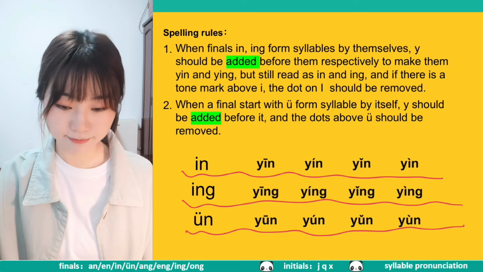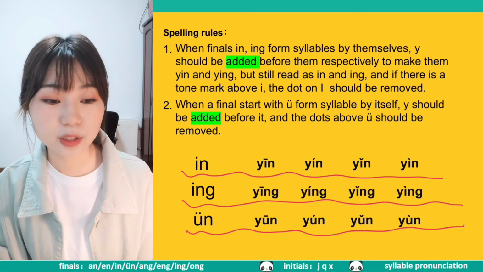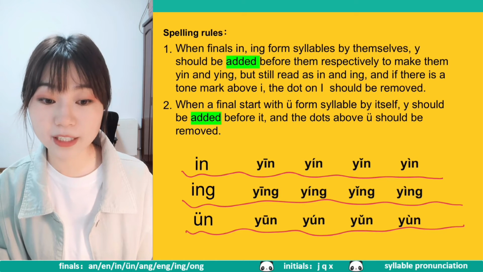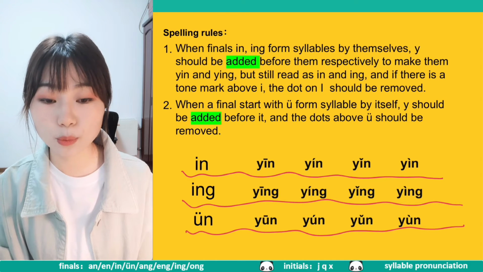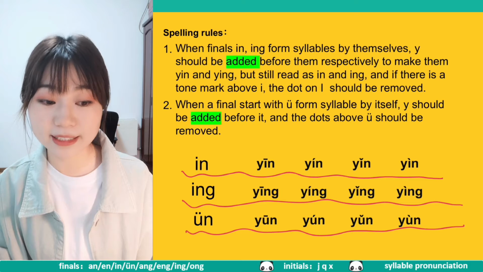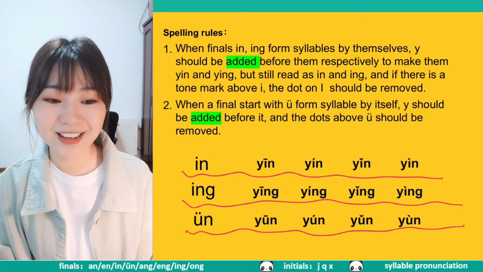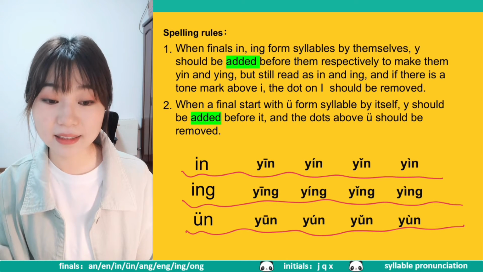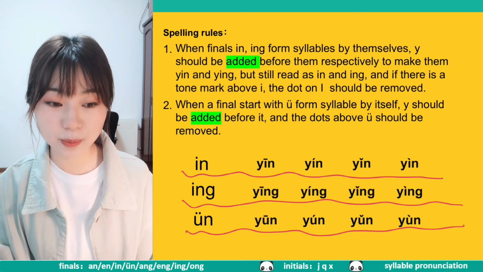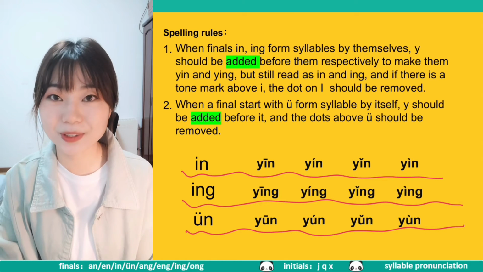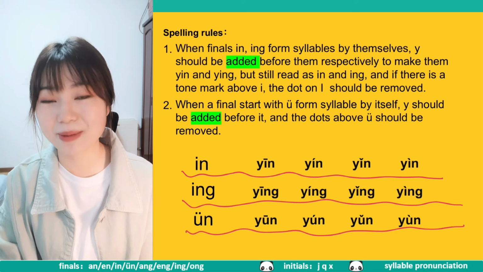Okay, great. And we've learned several rules about finals that start with i, u, ü forming a syllable by itself. Do you still remember? At the end of the Pinyin class, we will have a summary of all those rules, so don't worry if you are a little confused by them.